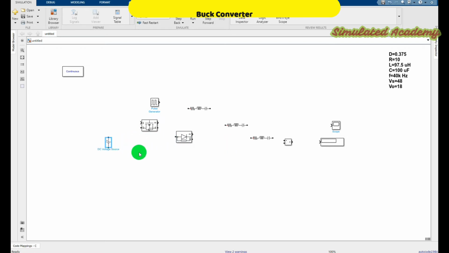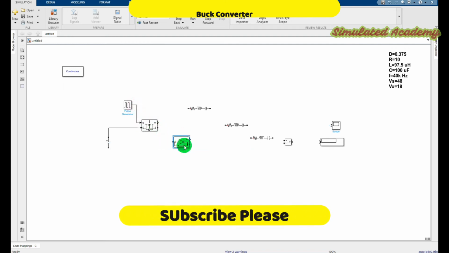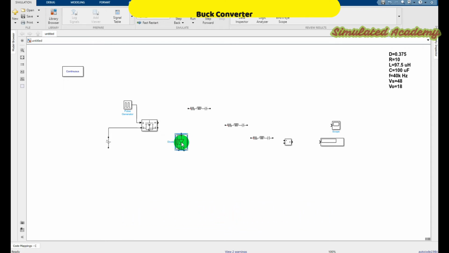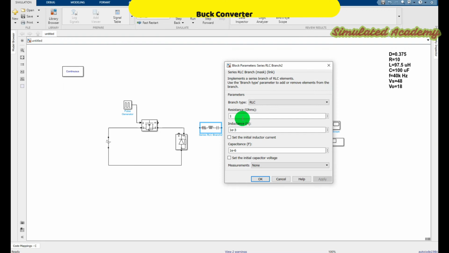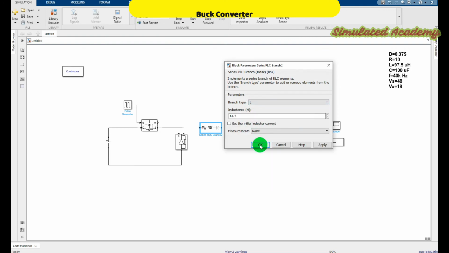Now connect the circuit, make all the connections. Rotate this diode: press Ctrl R, again Ctrl R, and again Ctrl R. This is an inductor, so place an inductor in this place.